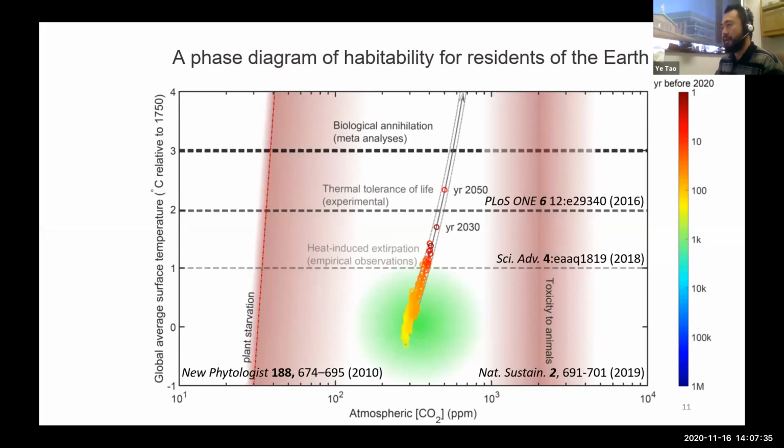And experimental studies on animals at 2 degrees, in all cases that I've seen, certainly above 95% of studies, show a consistently negative effect on multiple life stages of the animal.